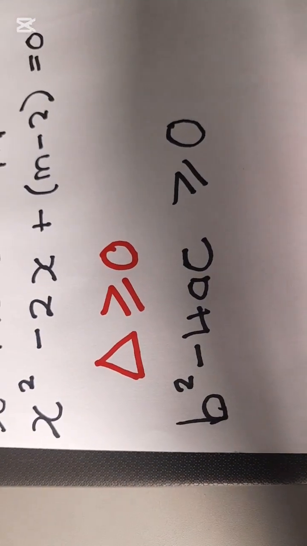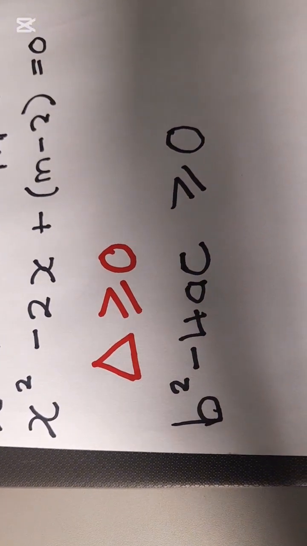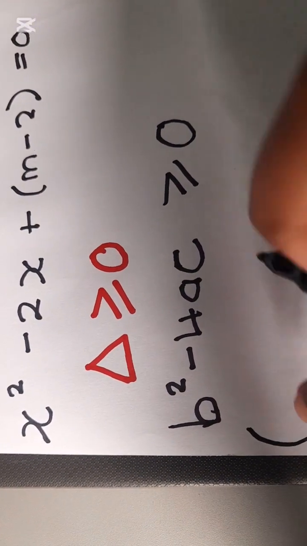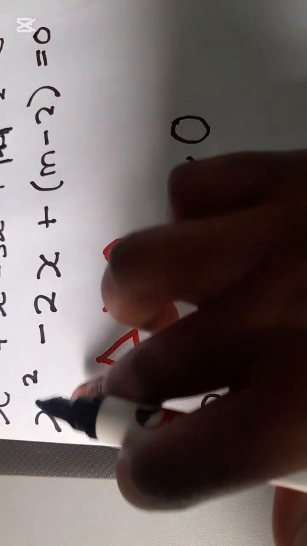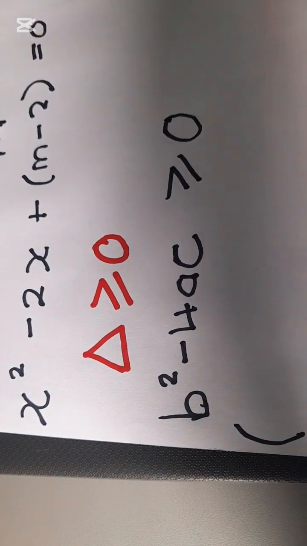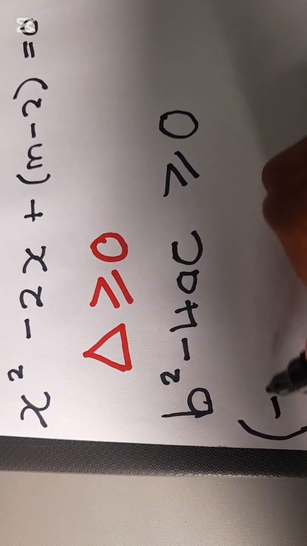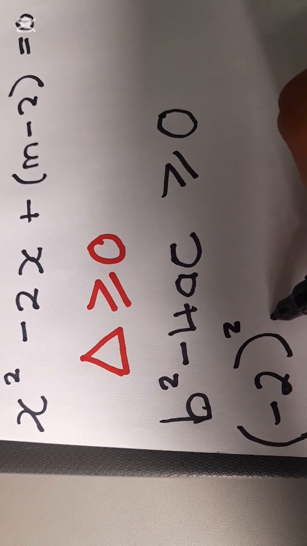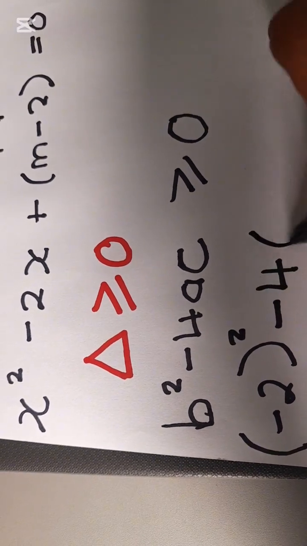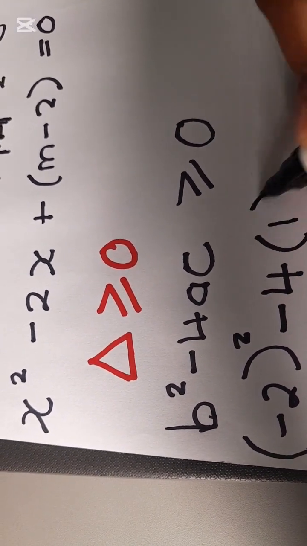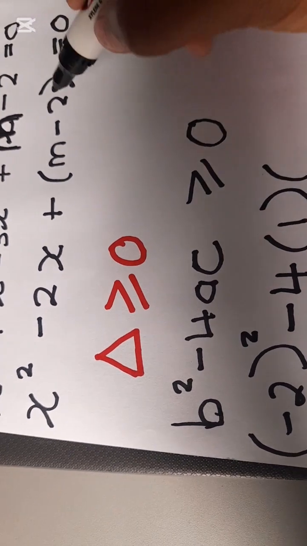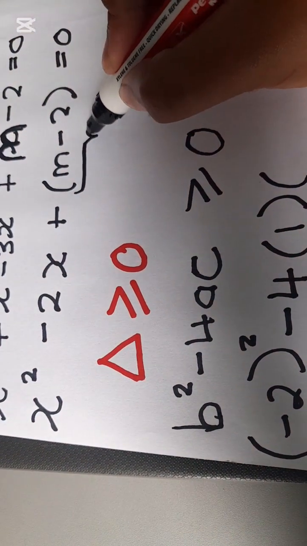And then we're going to do exactly what we have to do. We're going to substitute the correct values from this equation here. So our b is negative 2, squared, minus 4, so open bracket, a, which is 1, and then our c, we're going to take this whole thing here.